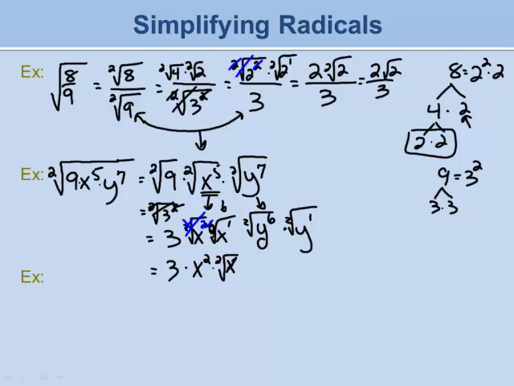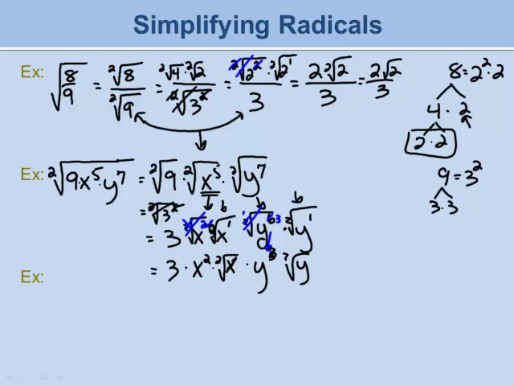Here there's a common factor. 2 divided by 2 is 1, and it's gone, so our sign is gone. 6 divided by 2 is 3, and so we'll pull that down, and we've got y cubed. And then here, square root of y to the first, there's nothing further you can do with that. Your power is less than your index, so you're left with square root of y here.